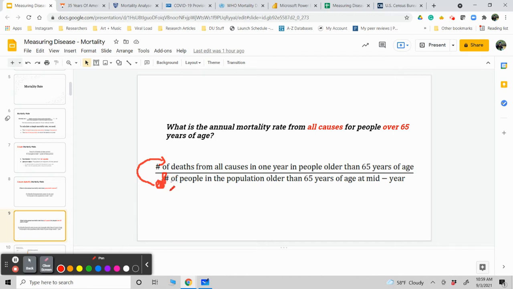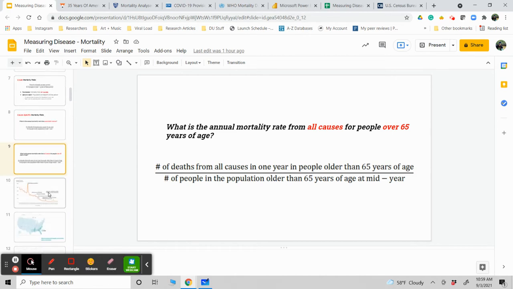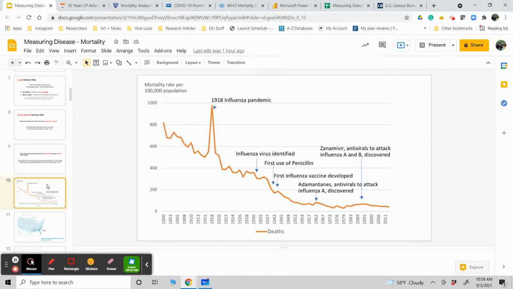To be considered as part of the denominator, you need to be at risk of becoming part of the numerator. So this is useful for starting to understand patterns and trying to tell a story about what's going on in our population.